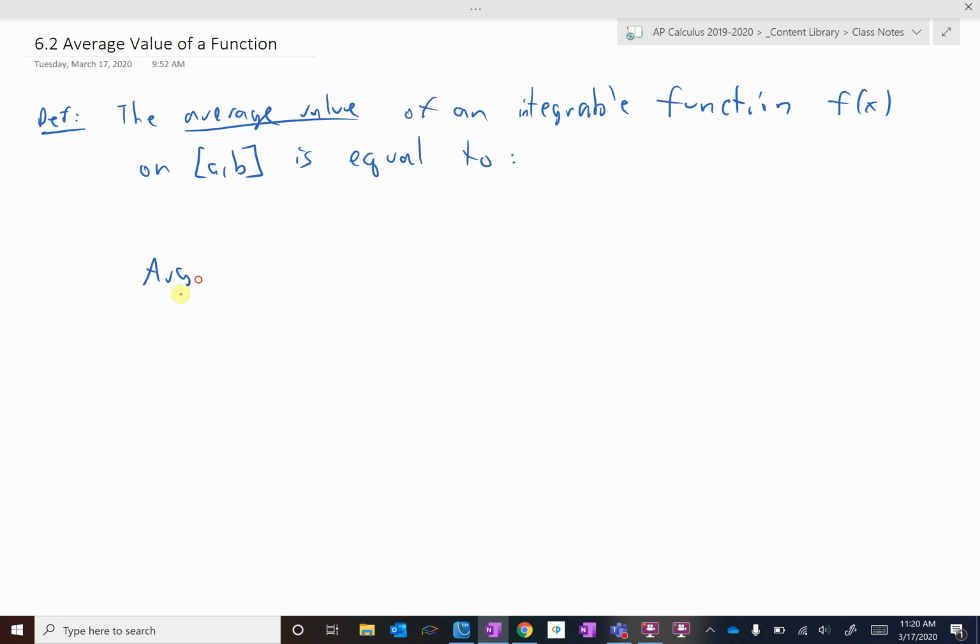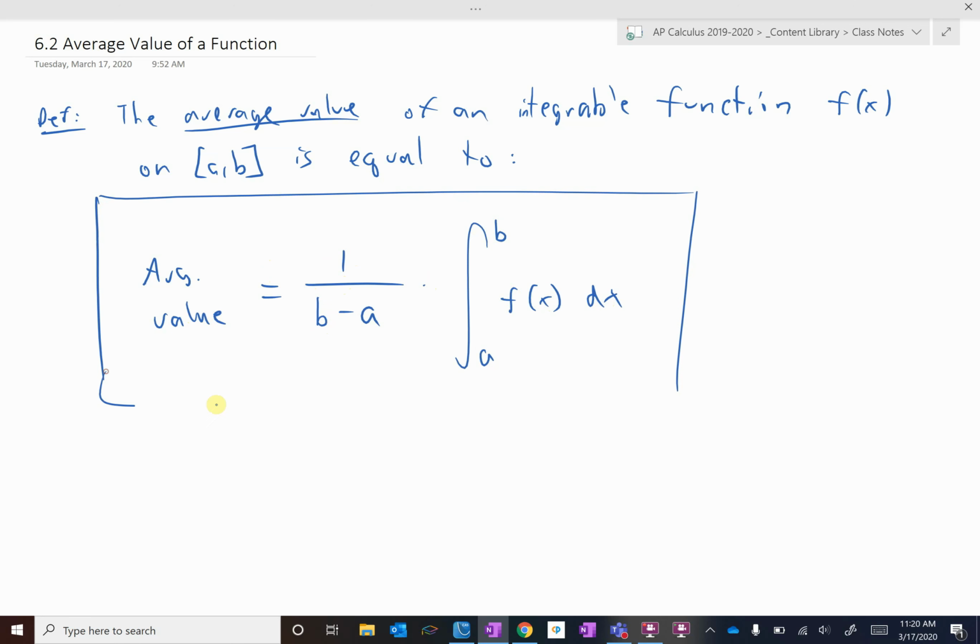The average value will be equal to 1 divided by the length of the interval times the integral from a to b of that function. So here's our new formula for the day. This is a formula that you will need to have memorized.